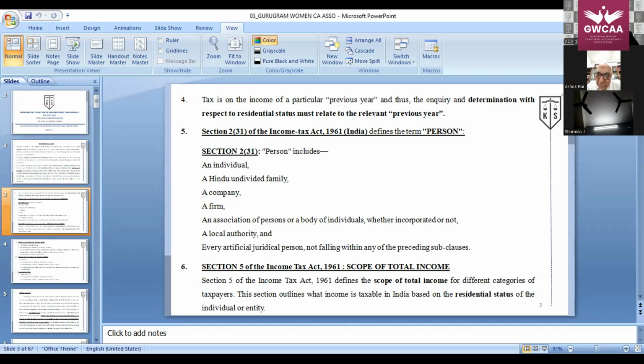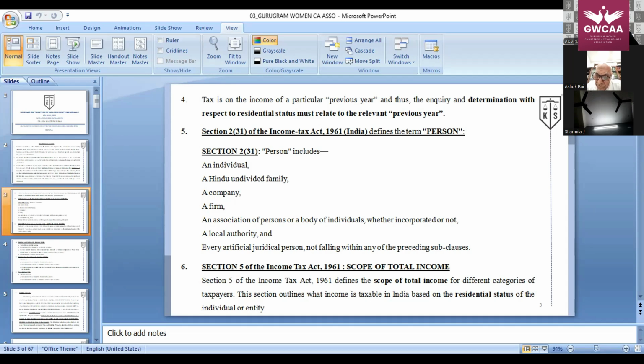Resident and ordinary resident. So basically all the Indian citizens, they are considered as resident and ordinary resident, and their global income is taxable. This is very important.